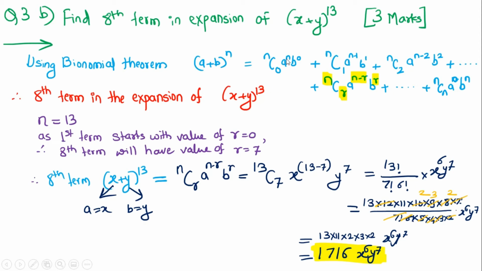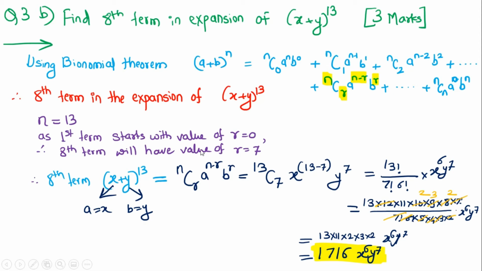Our first term always starts with r as 0, the second term with 1, the third term with 2. So the nth term will have r equal to n minus 1. For finding the 8th term, we have to find the coefficient whose value of r is 7. So the 8th term will be nC7, a to the power n minus 7, b to the power 7.